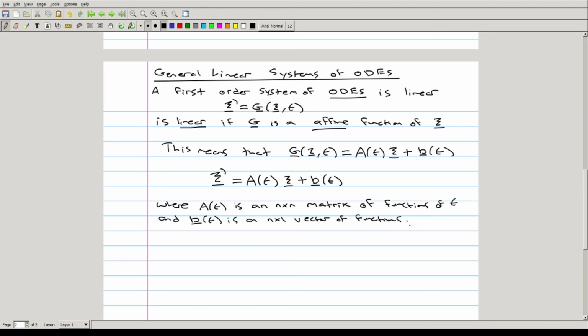And we'll assume throughout that these are continuous, for t in some interval from a to b, which we'll call I down below, just for brevity.